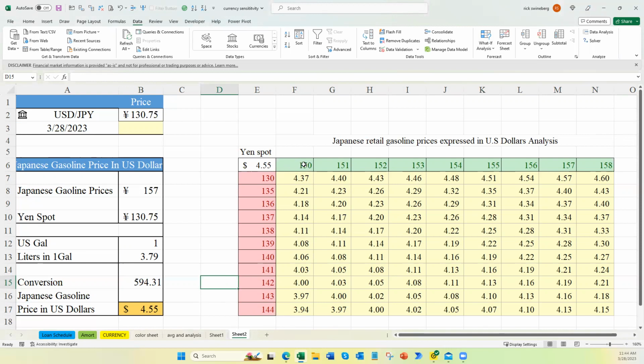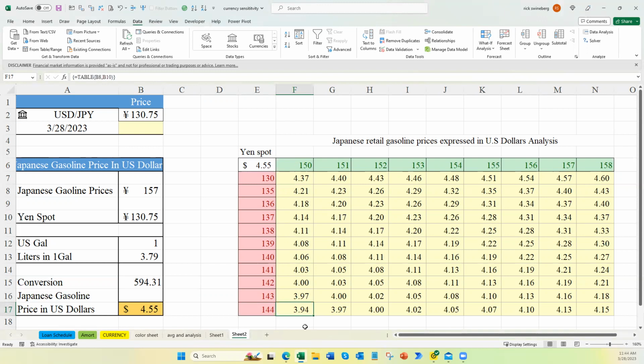So here it is. Of course, if you're an American and you're driving here and you see a retail price of 150 yen, and you know that the spot price at the moment is 144, this is how much it's going to cost you in conversion to US dollars.